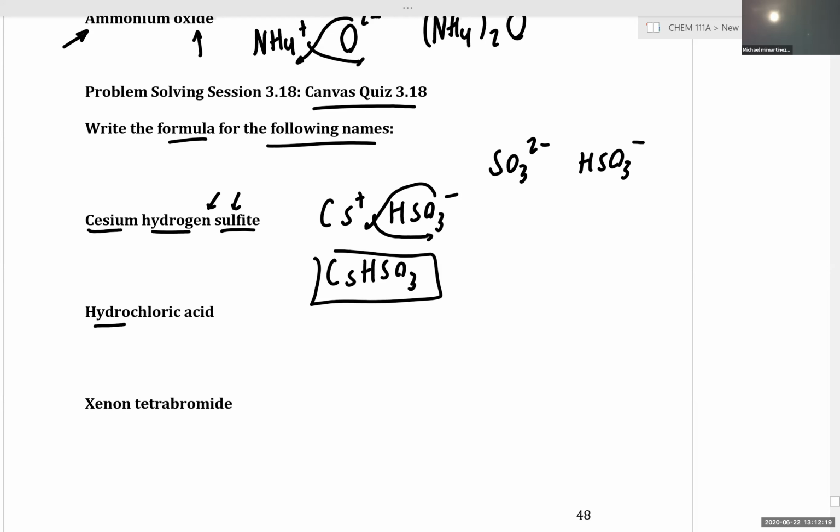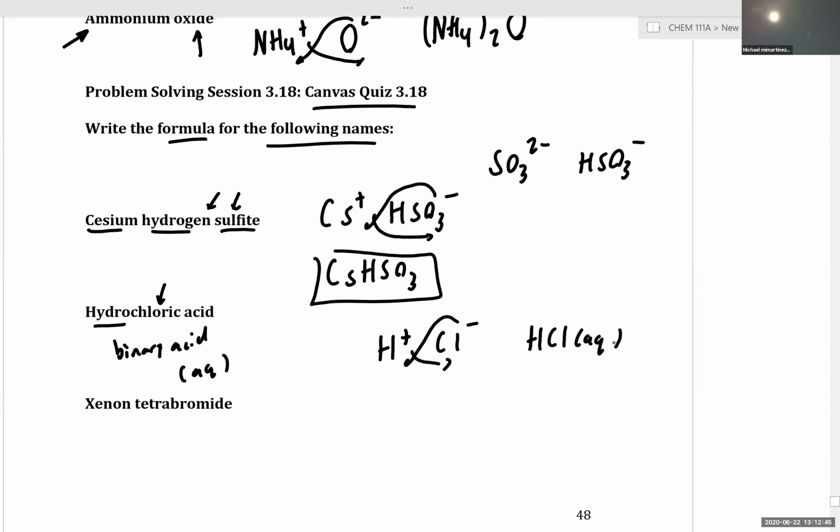Hydrochloric acid, the hydro prefix tells us we're dealing with a binary acid and that the binary acid is aqueous. The hydro prefix, we look at hydrogen, which is H+. Chloric is derived from chloride, which is Cl-. We then cross our charges and that gives us HCl aqueous.